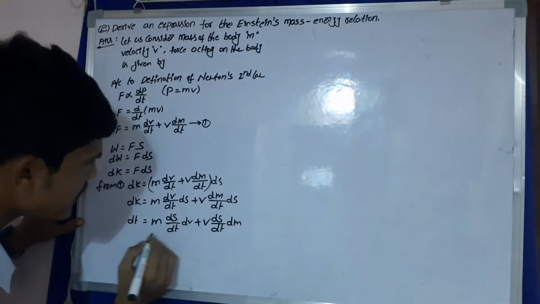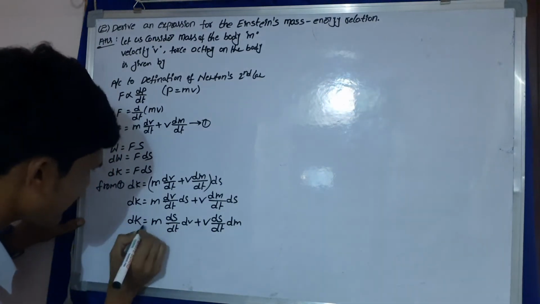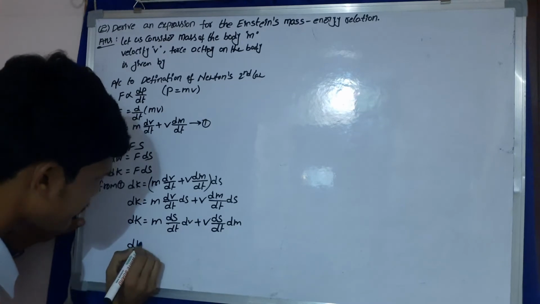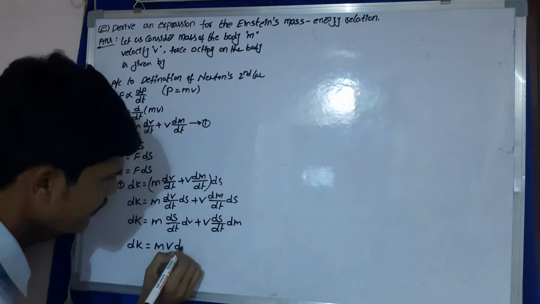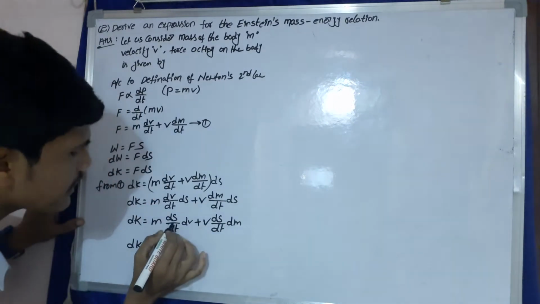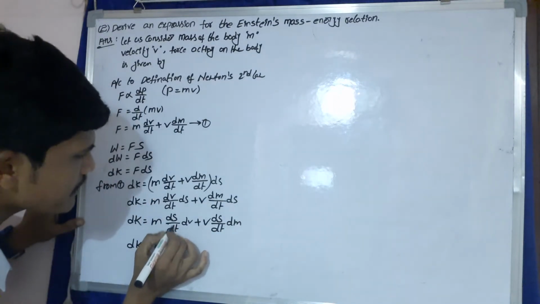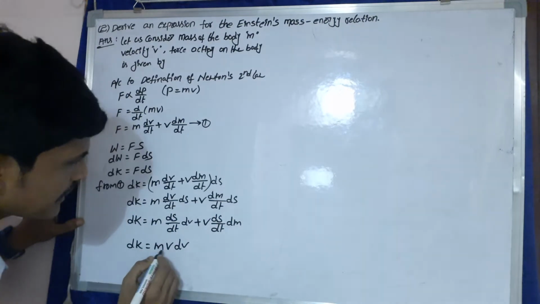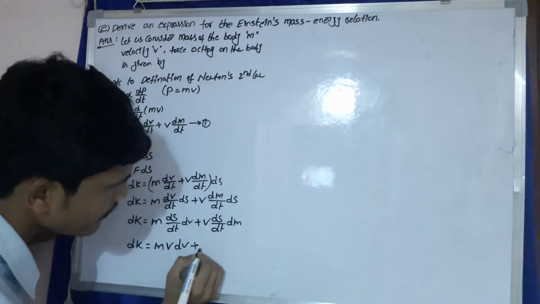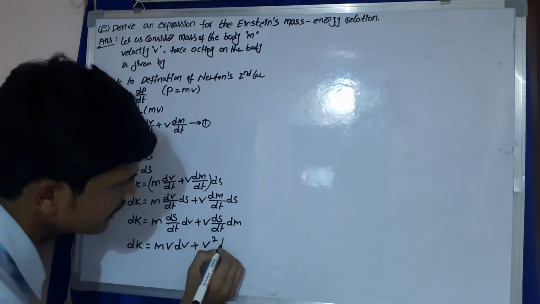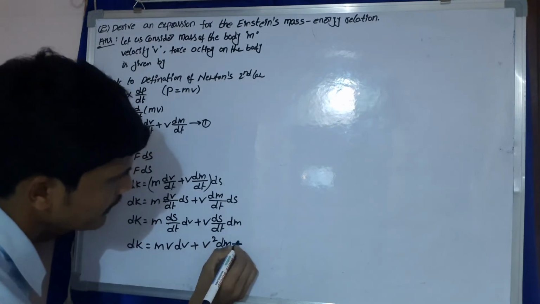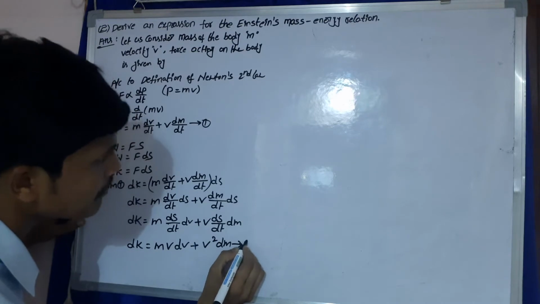So ds by dt means velocity. Velocity means the rate of change of displacement. So dK equals mv into dv plus v into v square dm. This is equation number 2.